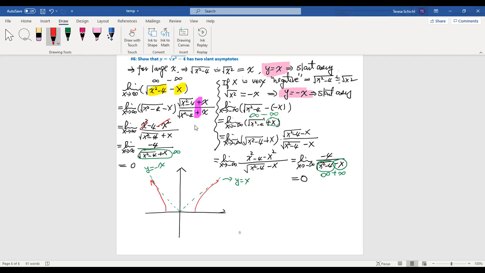That's why you have two asymptotes here. All right, that's it, and that will cover this lecture, the summary of curve sketching.